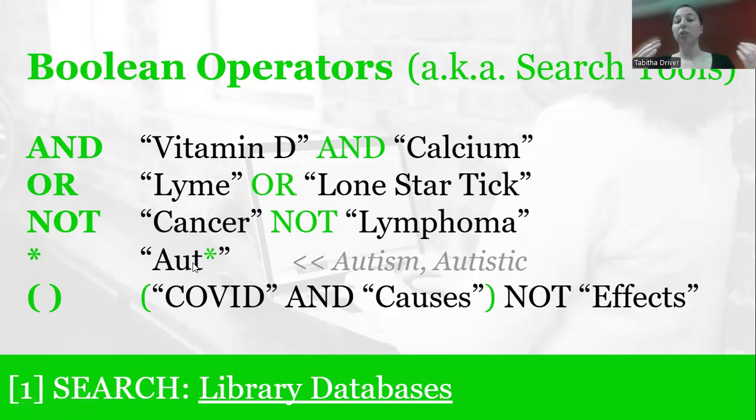That way you don't have to search for both autism and autistic. You can just do this one search. And then you can even get complicated with your searches and treat it like a math formula and put them in parentheses. I want an article about COVID and causes. So I want both of those to be in this article, but I don't want an article about the effects of COVID.